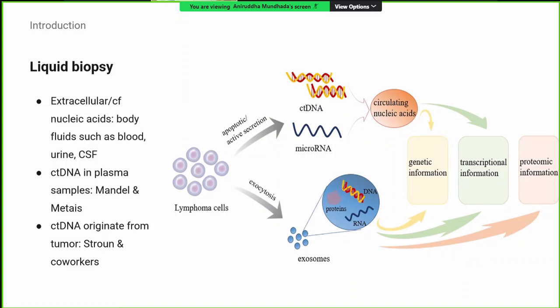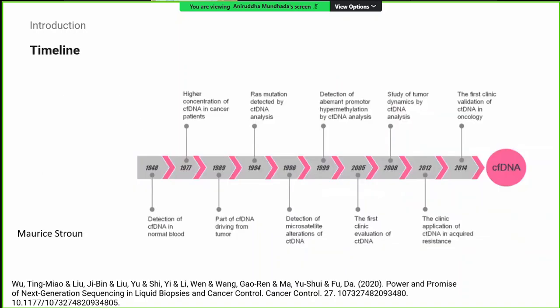So this is a general schema showing tumor cells, in this case lymphoma cells, showing active secretion of this circulating tumor DNA, which would be through exosomes or even through exocytosis, leading to the presence of circulating tumor DNA in the fluids.